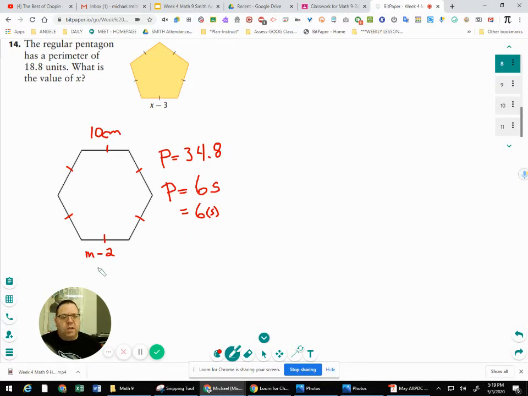Now, what we're saying to you is s is not like a simple little thing. It's not even just one letter. It's an expression, okay? So s is actually equal to the expression m minus 2, okay? I'm trying to make these equal signs a little bit better. S is equal to m minus 2.